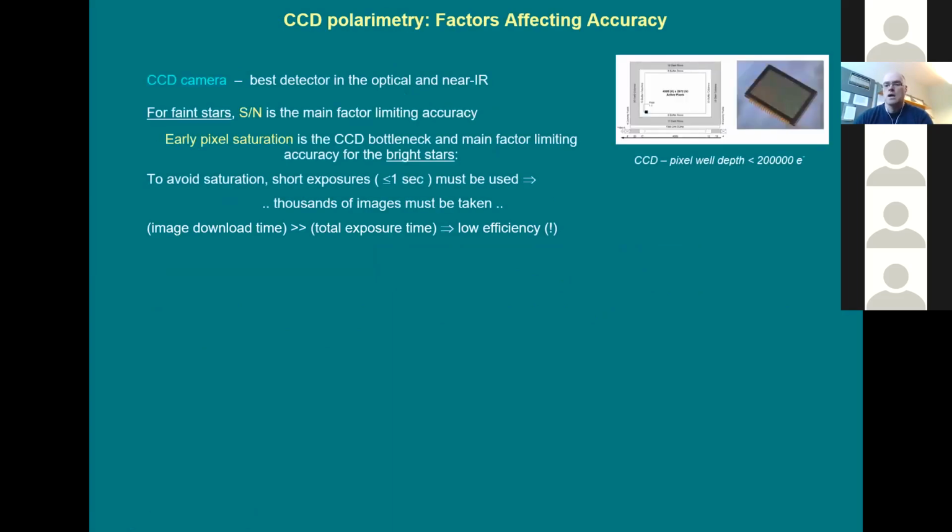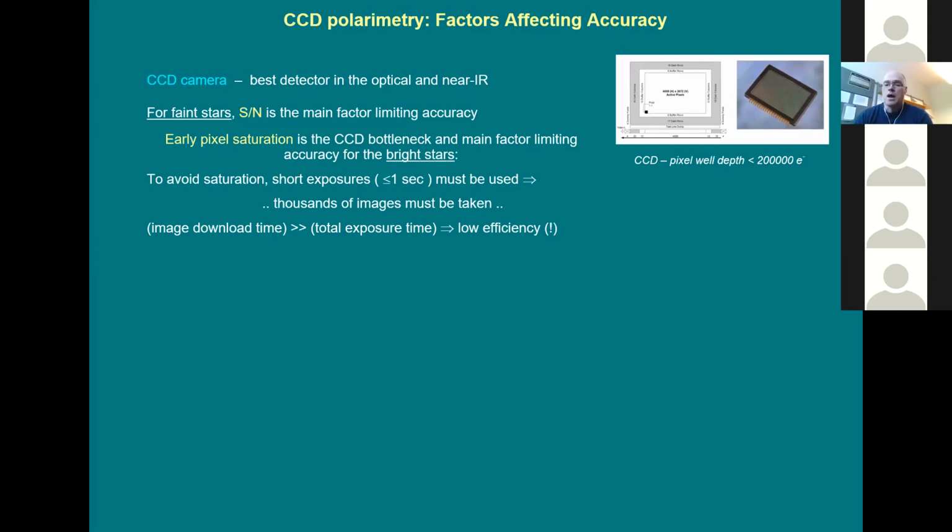So a CCD camera is probably the best detector for optical and near infrared, as you probably know. And for faint stars, the main factor which limits the accuracy of CCD polarimetry is signal noise. Because with a faint star, you won't be able to collect 10 to 10 photoelectrons in any reasonable integration time.